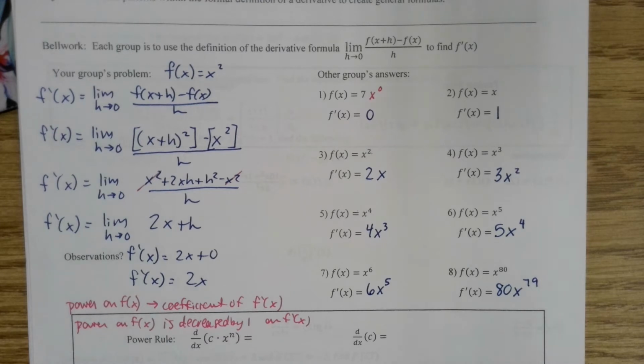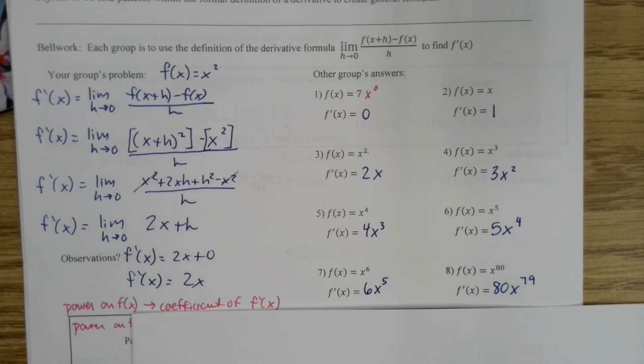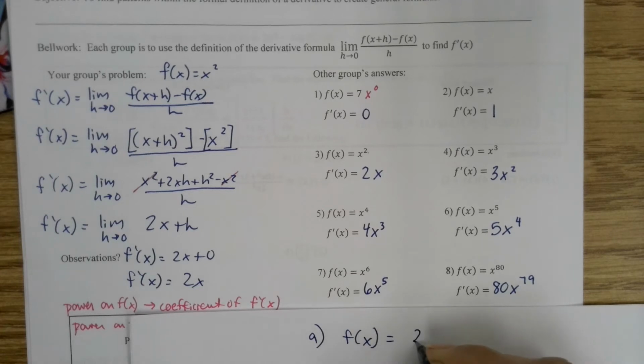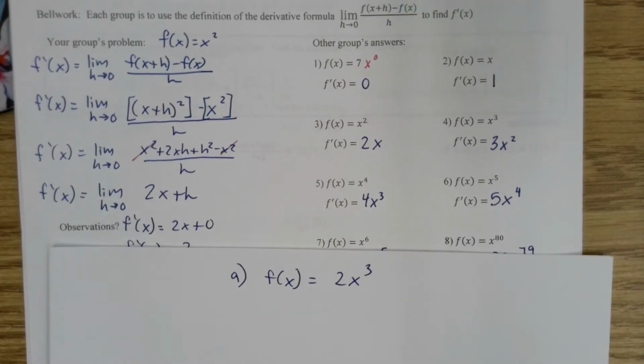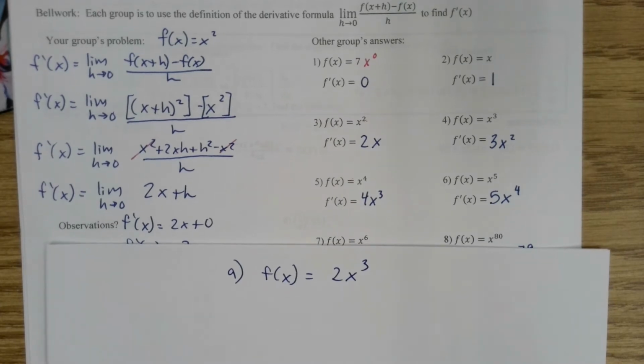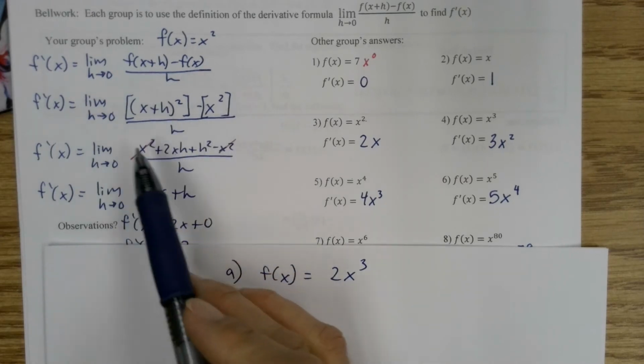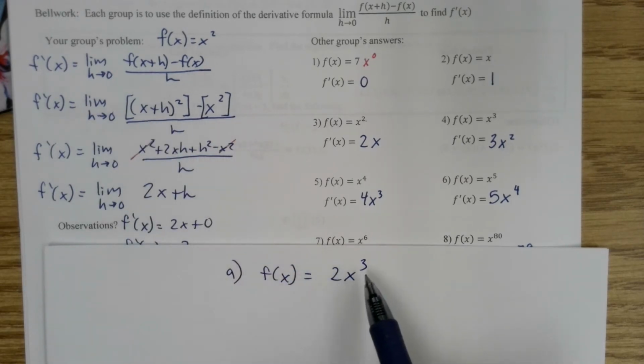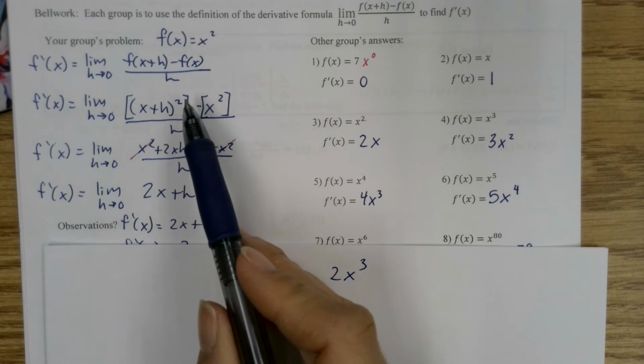So what would happen if we had some other type of coefficient there already? Let's say we had f of x equals 2x cubed. Well, if we had actually performed this calculation, I would have 2 times the expansion of x plus h cubed.